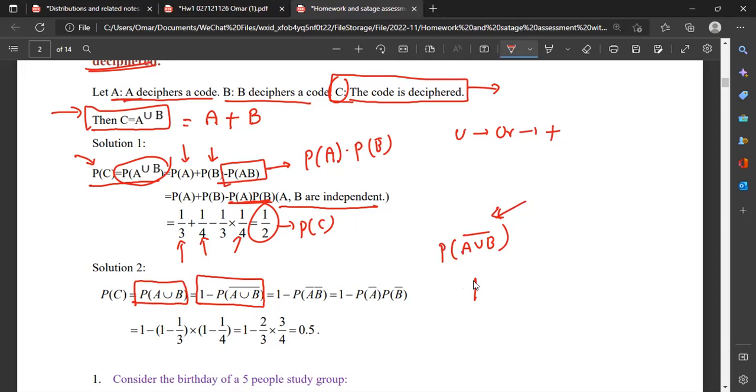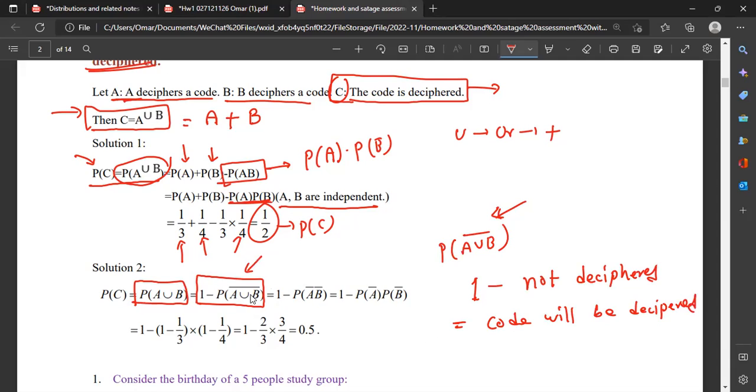So 1 is the total probability minus the probability that the code will not be disappeared. That literally means the code will be disappeared, right? So that's why we can also use this alternative solution.